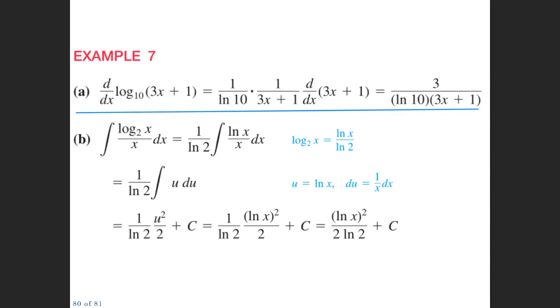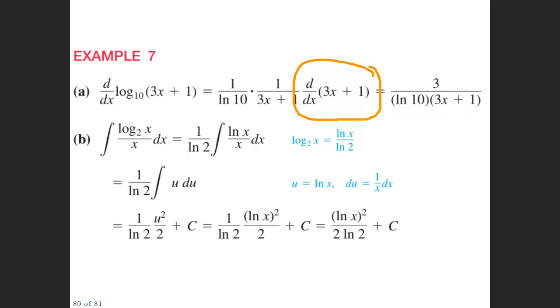Using the formula on the previous slide, 1 over ln 10 first, and then 1 divided by u, so 1 over 3x plus 1, and then multiply it by the derivative of 3x plus 1.